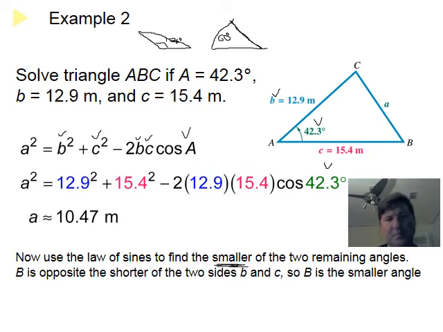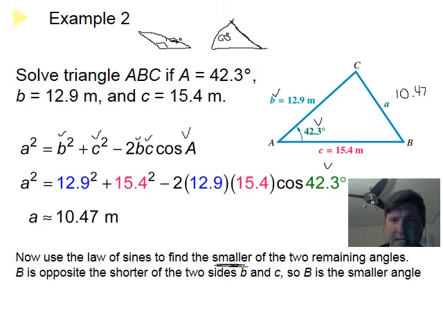Okay. So the way to prevent problems like this from happening or any other errors, we want to just make sure we're finding the smaller of the two remaining angles. Well, how do we know which one is which? It's actually super easy. So here's the side we just found.